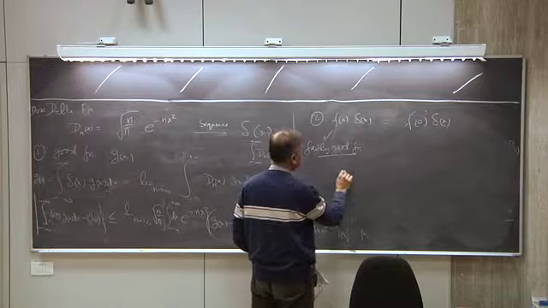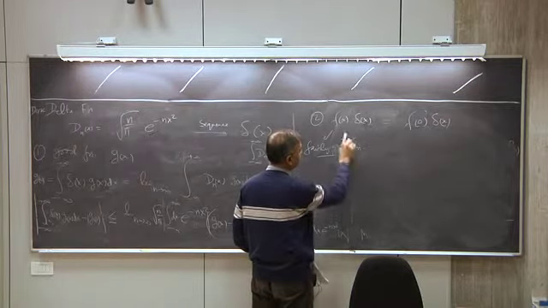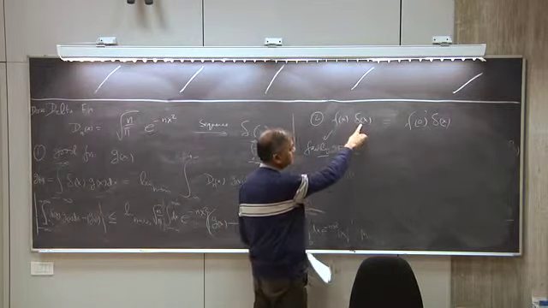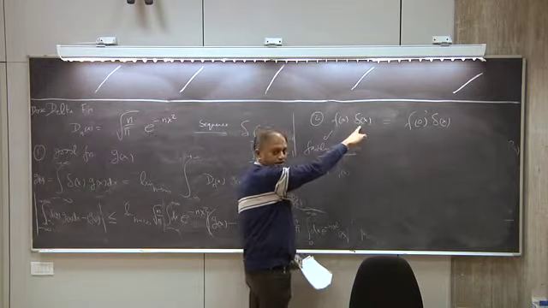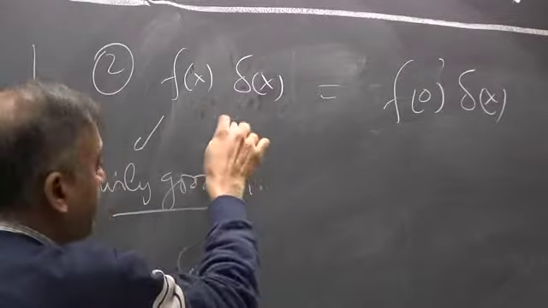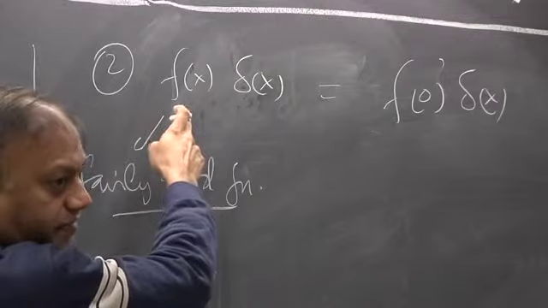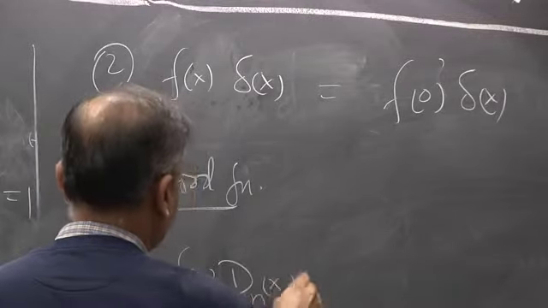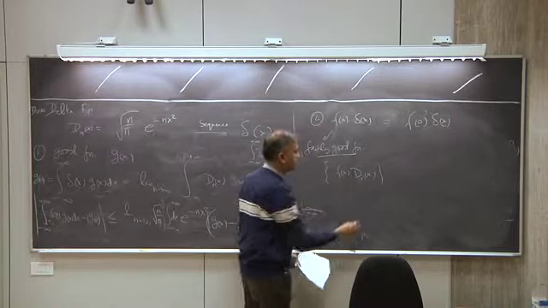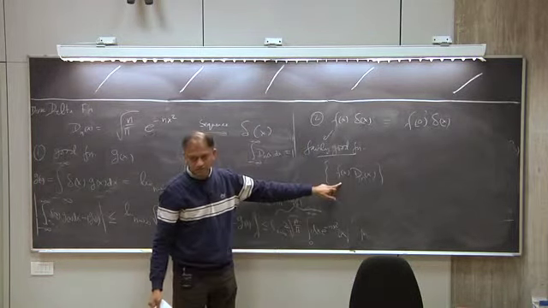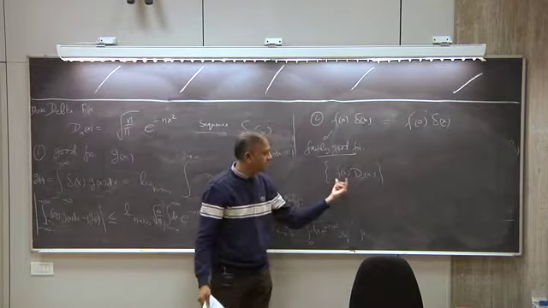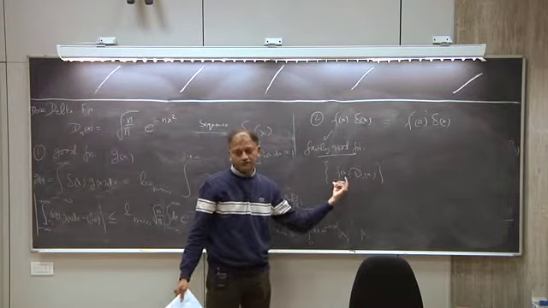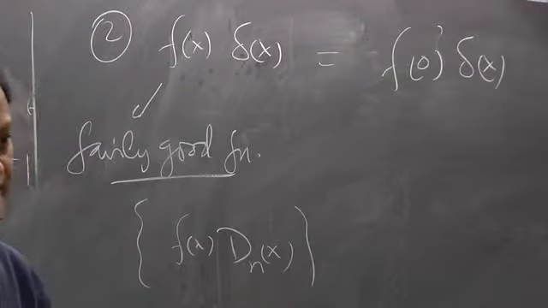So what we are looking at again, the meaning of multiplication was you take the sequence which defines the delta function and multiply each element of the sequence by this f of x. So you take f of x times dnx and consider this sequence. This is again a good function, because this was a good function and this is a fairly good function. Product of a fairly good function with a good function is again a good function.